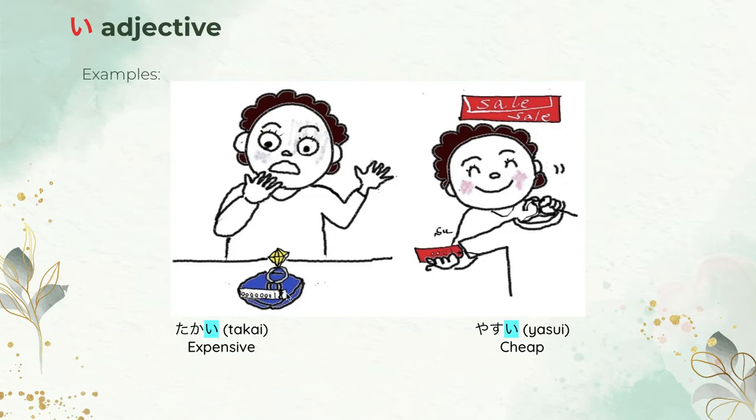So on the takai section, we could tell this is a ring. Ring in Japanese is yubiwa. So if I wanted to say expensive ring, it will be takai yubiwa.